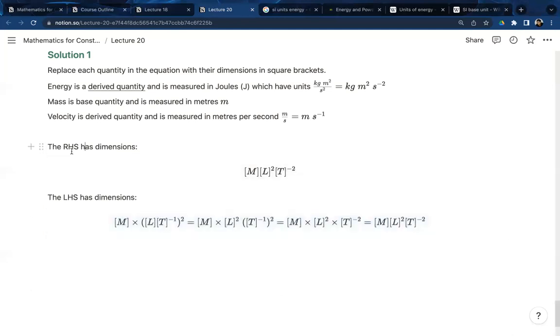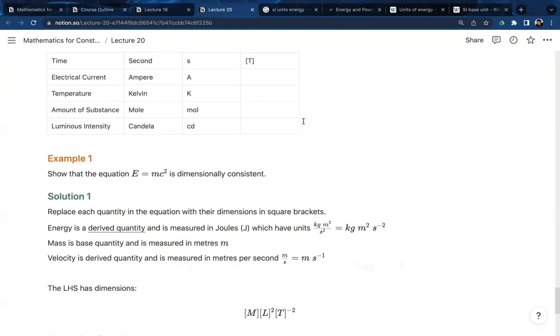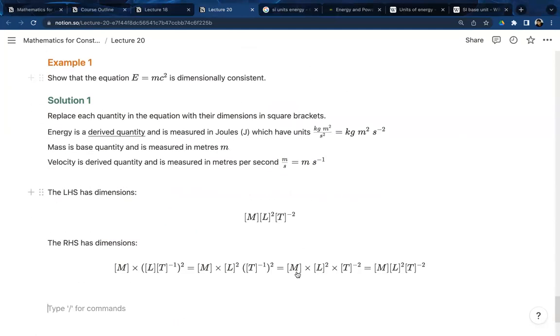This is supposed to be the left-hand side, sorry, this is the left-hand side, this is the right-hand side. Sorry about that. The right-hand side is M by C squared. And if you notice, the left-hand side dimensions are the same as the right-hand side: M L squared T to the minus 2, M L squared T to the minus 2.